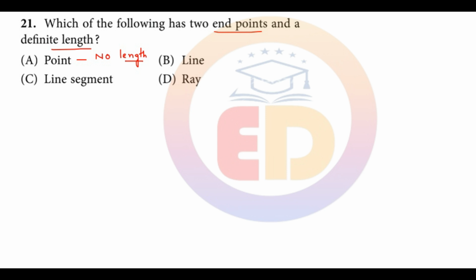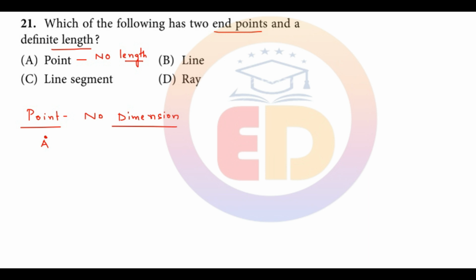A point has no dimensions. It is only a mark of position represented by a dot. It has no dimensions. Neither length, nor breadth, nor height, nor thickness. Now when it has no dimension at all, there can be no talk of a definite length or endpoints. Point is simply a mark of position represented by a dot, named by any letter.